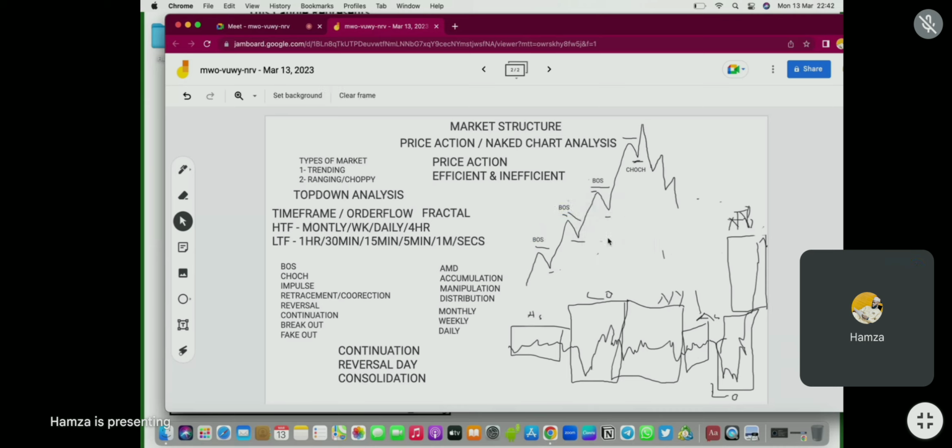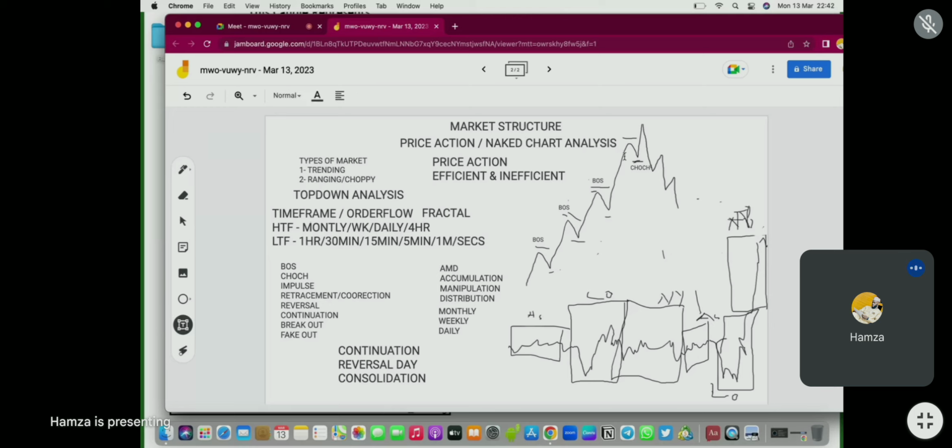Okay? But here, this is a CHoCH, because this low couldn't get protected, it got broken. So we have a change of character. That's what a CHoCH is, signaling a reversal.